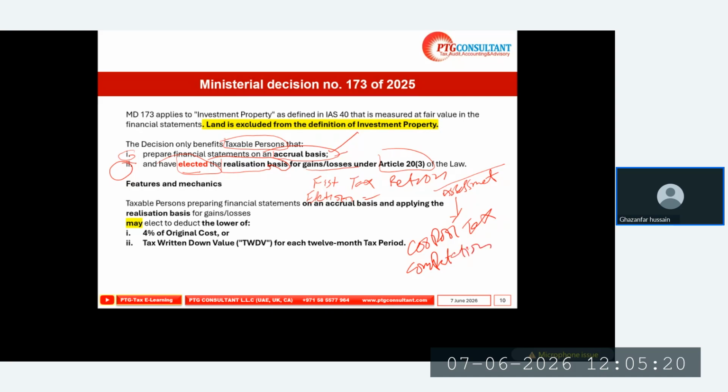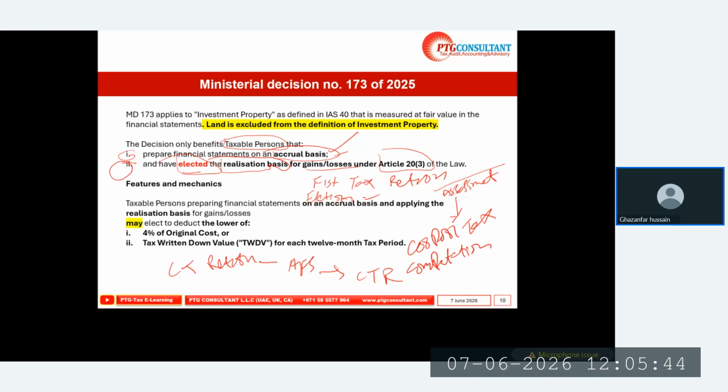Practically, people are not familiar with this exercise. They say, okay, we want to file the tax return. We have only this audited financial statement, rely on this and file the return. The outcome is that there is a possibility the return may not be filed correctly.